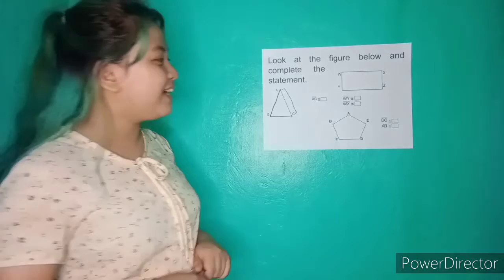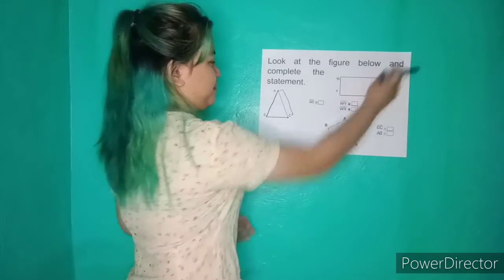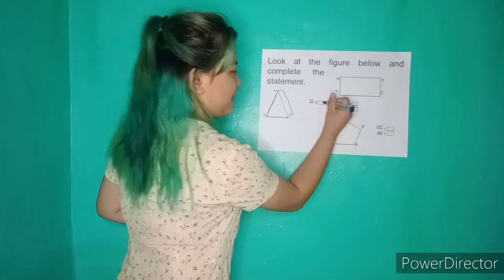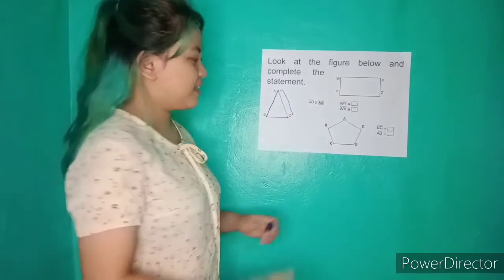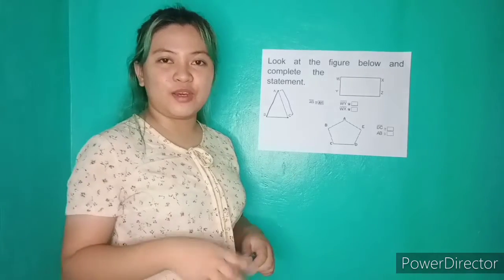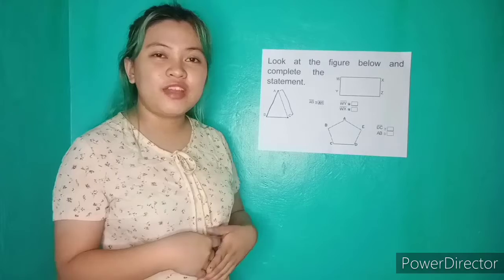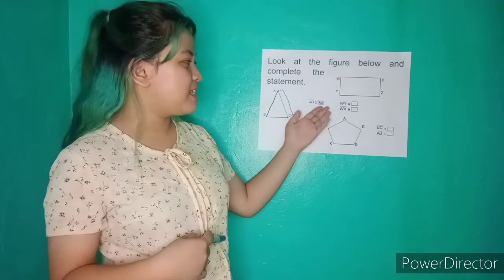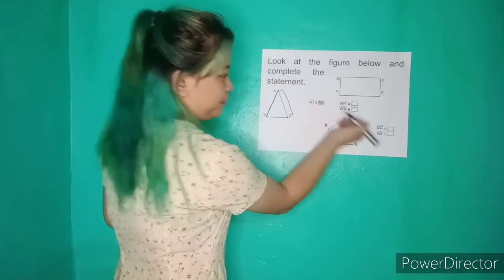We have here line segment AC. So the answer is line segment AC. Along with our lesson, we will be able to comprehend more on how we are able to get this line segment AC here. I'm going to put the dash here.